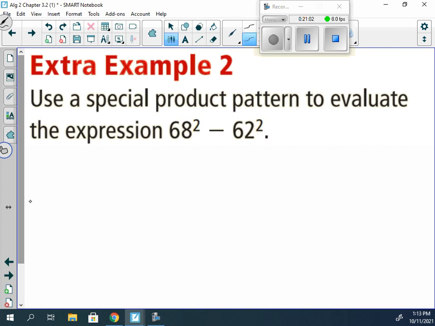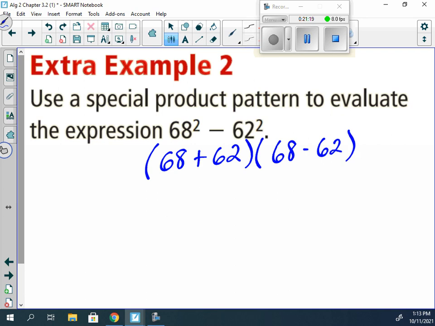And then again, this here, I mean, we could just type that in and hit enter and be done. Because if we did this by hand, it would be 68 plus 62 times 68 minus 62. Well, 68 plus 62 would be 0 carry the 1, which would be 130. 68 minus 62 is 6.